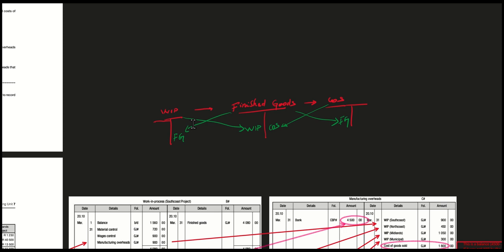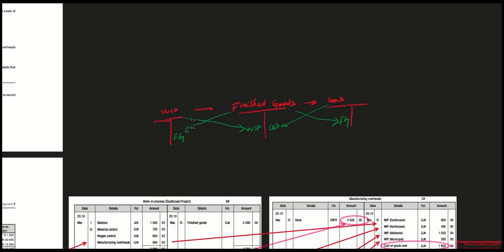It's just you need to understand this as a flow, and like I said, direct material, direct labor, manufacturing overhead would feed into the work in process. The work in process, once those products have been completed, will move into the finished goods account.